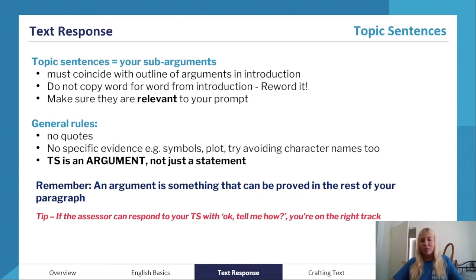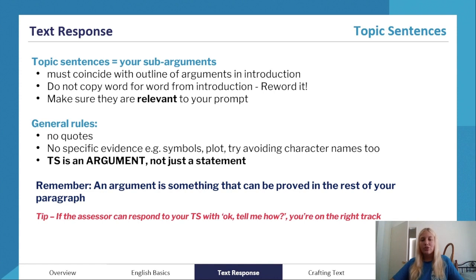So, general rules of topic sentences: don't have quotes there, don't have any specific evidence, no evidence should be mentioned unless it's a character prompt that gives you a specific character name or specific two character names. In any other circumstance, there should not be character names in your topic sentences. And it's an argument.